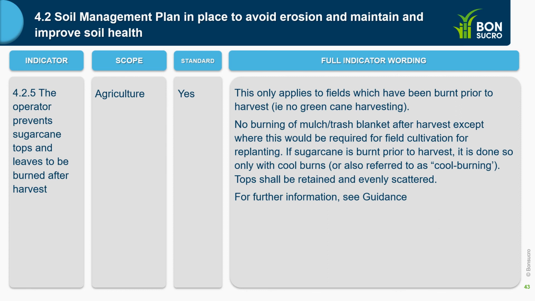If the sugarcane is burned prior to harvest, it is done only with cool burns, also referred to as cool burning, and tops shall be returned and evenly scattered in this case. So no burning of tops and leaves after the harvest.